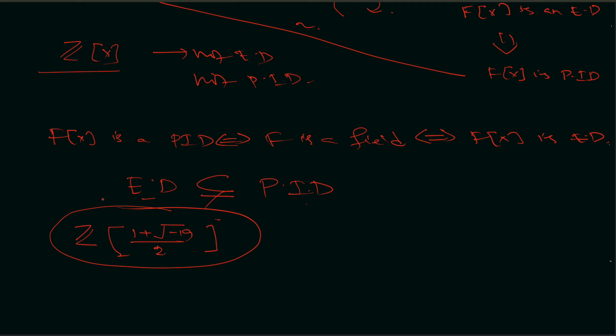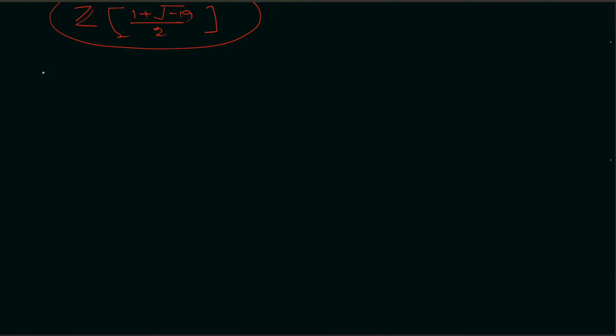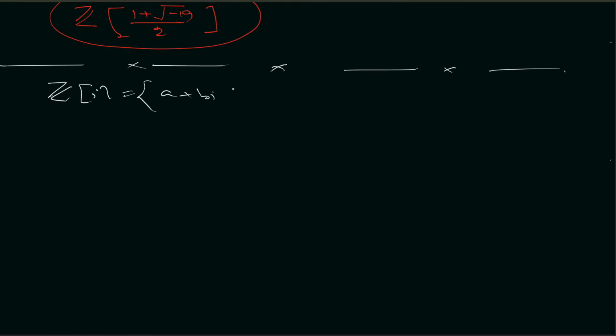So now you know that Z[i], right? The ring of Gaussian integers. What is this? This is a plus bi type elements, where a and b are integers. Okay, you know that this is a Euclidean domain, an ED.